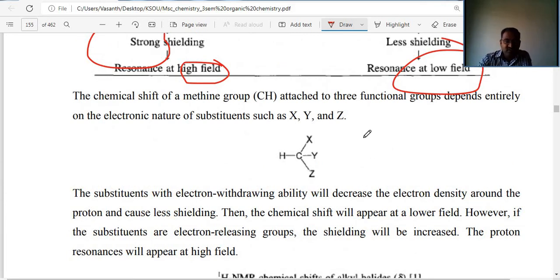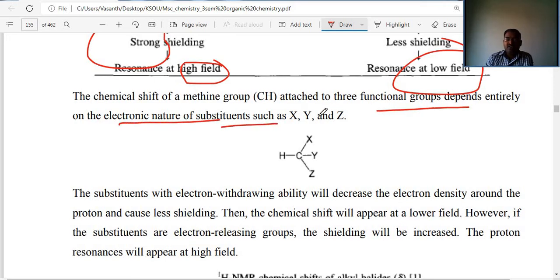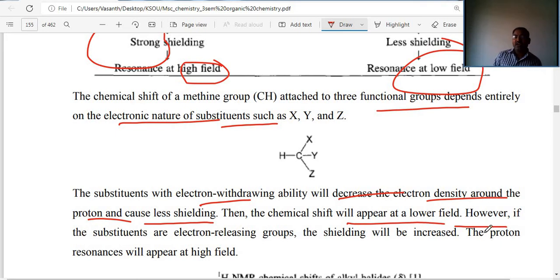The chemical shift of a methylene group attached to functional groups depends entirely on the electronic nature of the substituents X, Y, Z. Substituents with electron withdrawing ability will withdraw electron density from around the proton and cause less shielding, so the chemical shift will appear at a lower field.